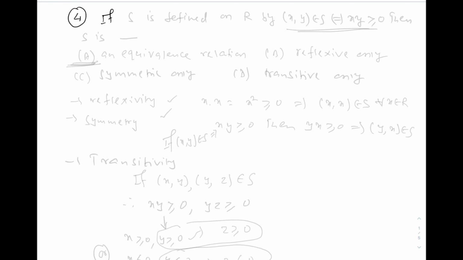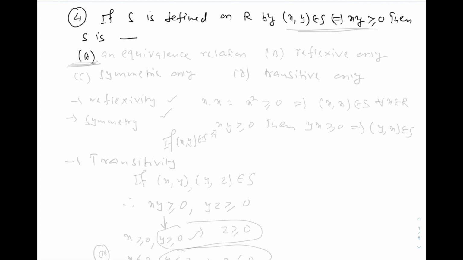If S is defined on R by xy belongs to S if and only if the product xy is greater than or equal to 0, then S is blank.